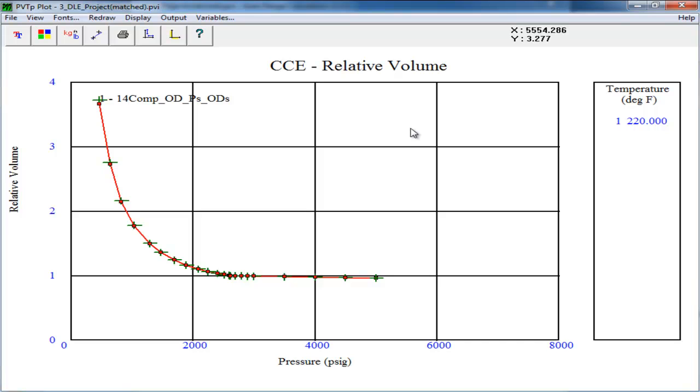And usually they say, okay, liquid is 20%. And liquid here is 0% for this line. It means 100% gas. So in DLE, we have a percentage.